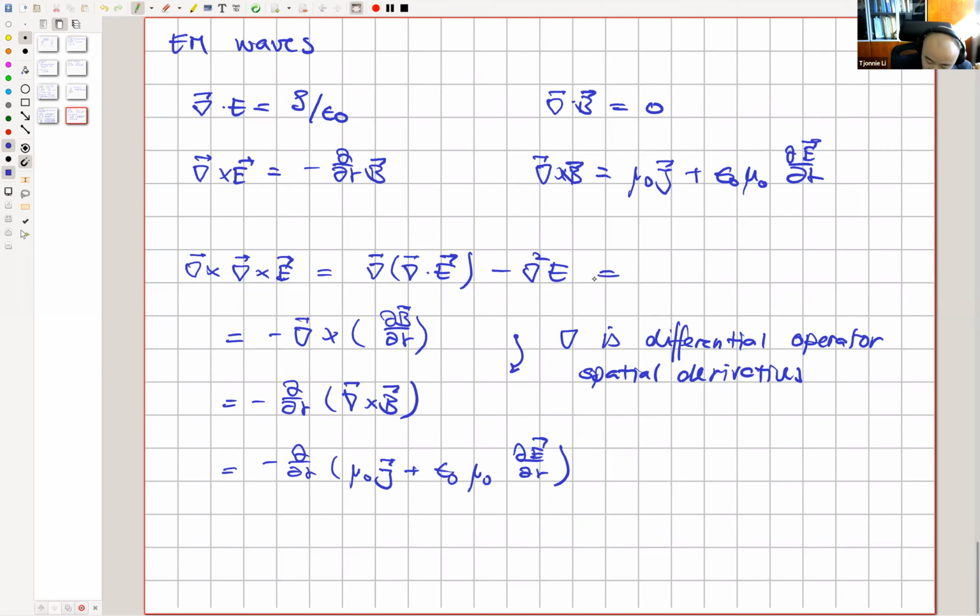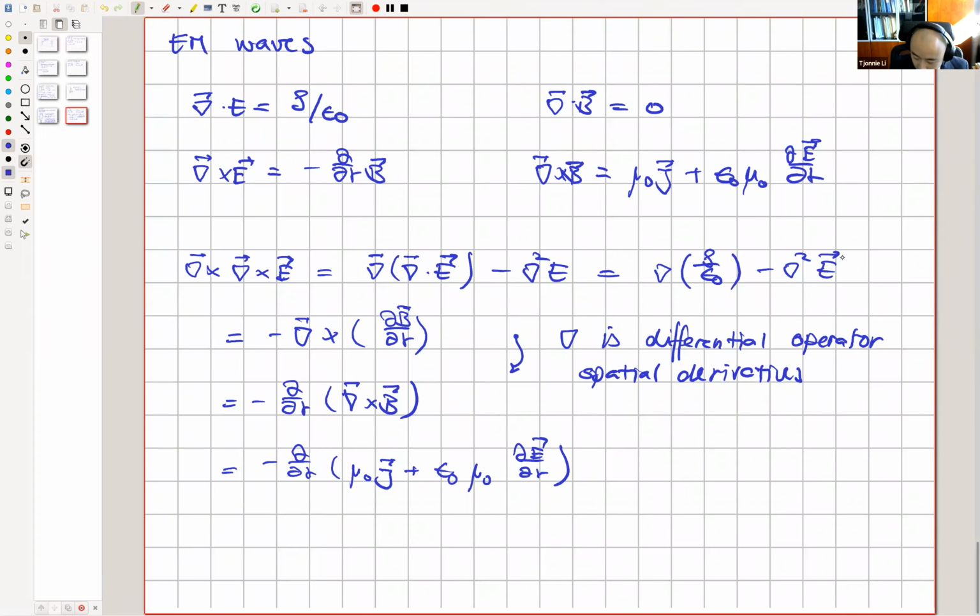I do apologize for the spaghetti writing, but I don't want to waste too many pages on this. So this is just rho over epsilon naught minus the Laplacian of E. Arrows everywhere.